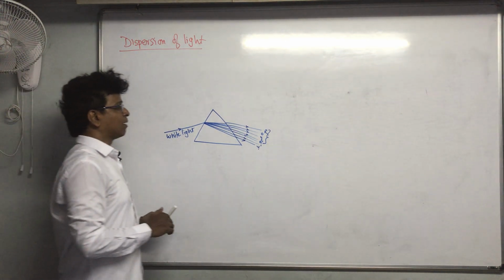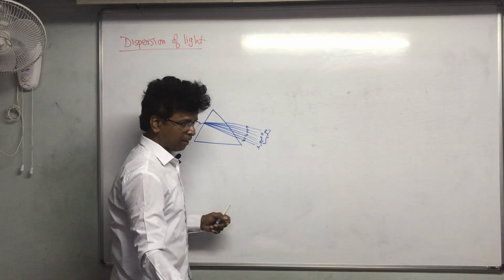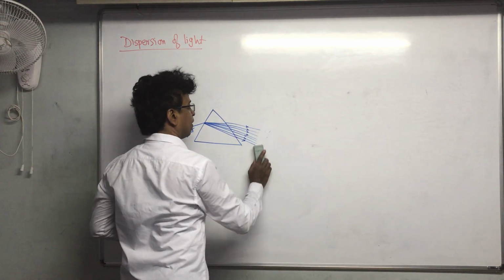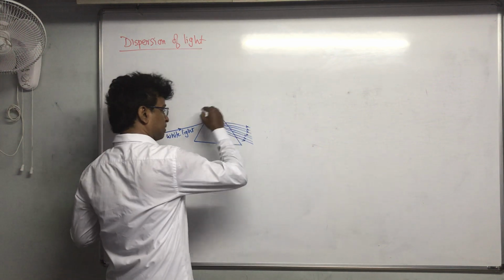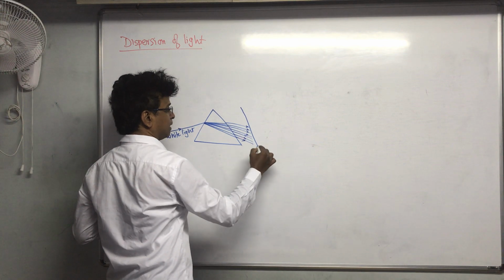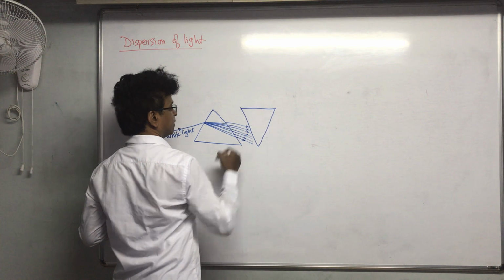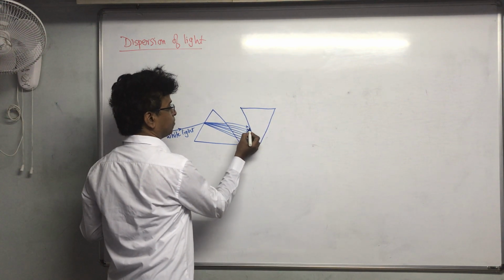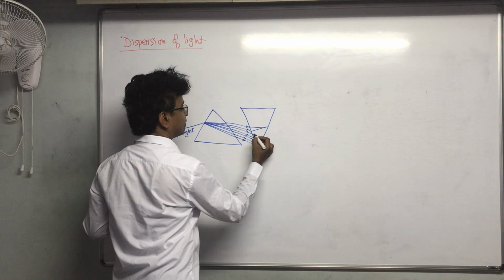You have to understand one more thing. Supposing this same white light happens to fall on a same quality prism, if I keep it over here, and only thing is that I keep it inverted, then this light, this spectrum, it will unite again.